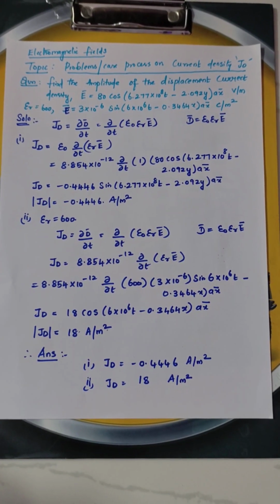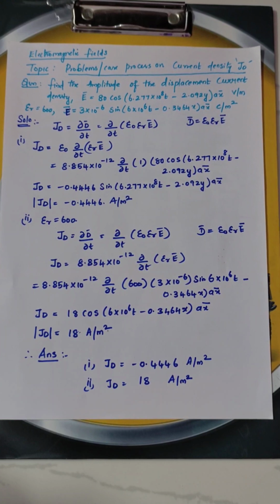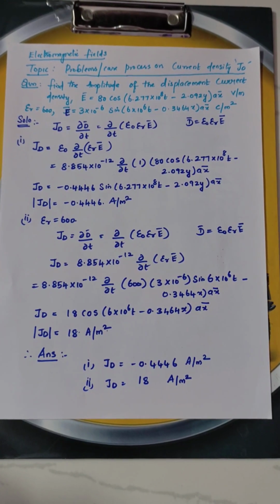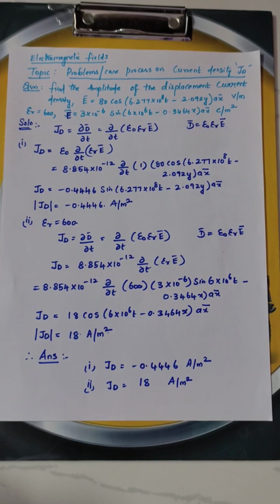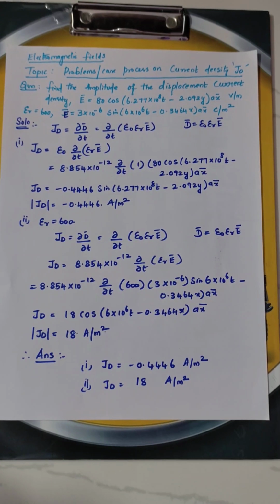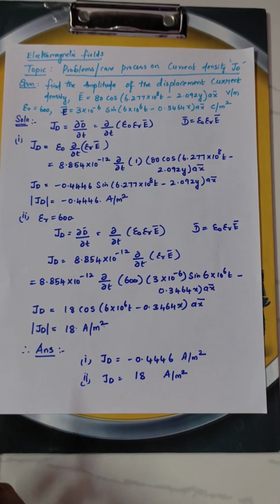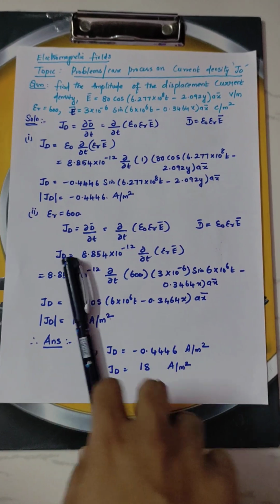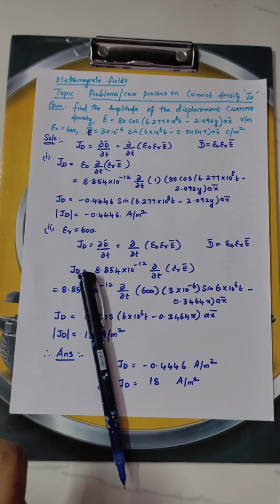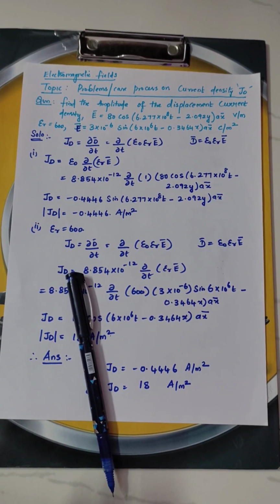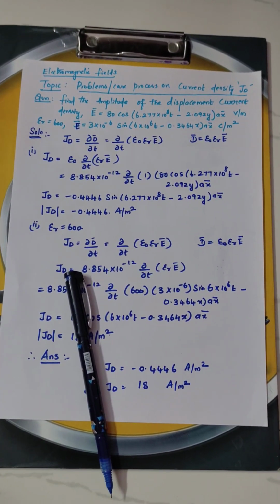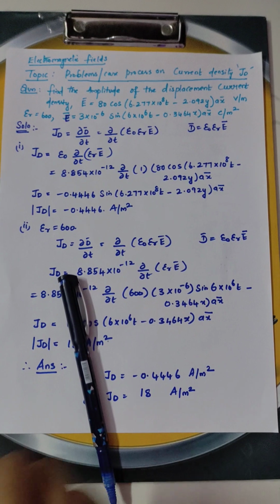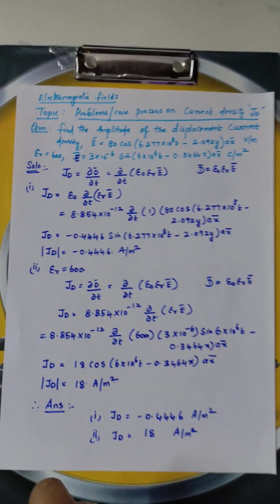E vector is equal to 3 into 10 power minus 6 sine of (6 into 10 power 60 minus 0.3464 x) ax vector coulomb per centimeter square. They asked to find the modulus of JD for the first case of E vector. For the second case, they introduce the epsilon r value and give another E vector. Again you have to find the modulus of JD. That amplitude is nothing but the modulus of JD.